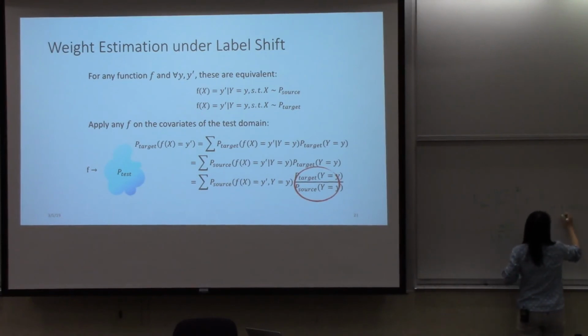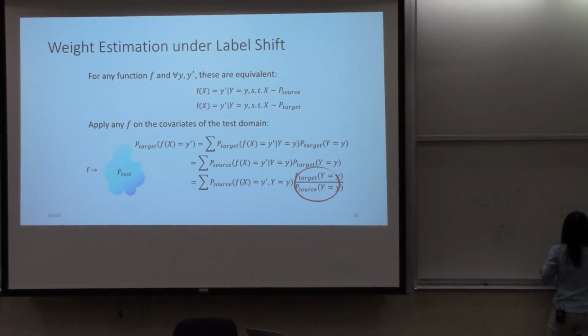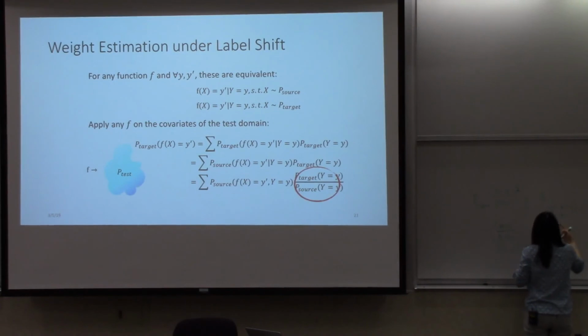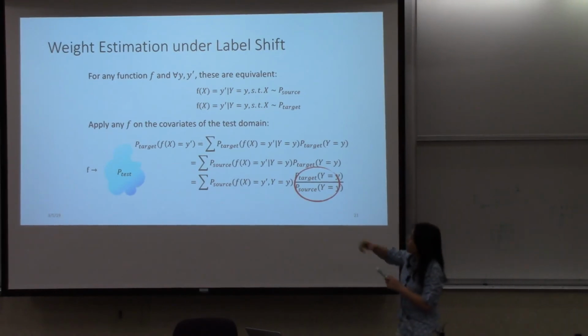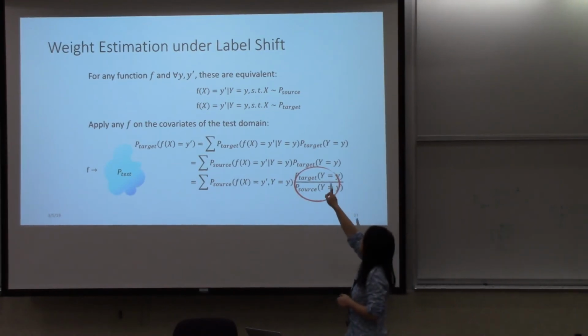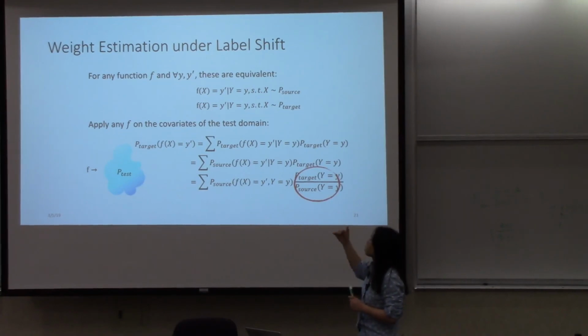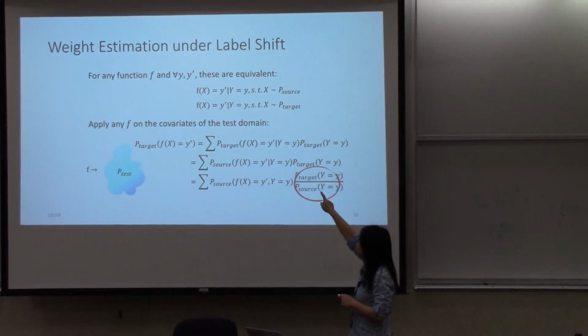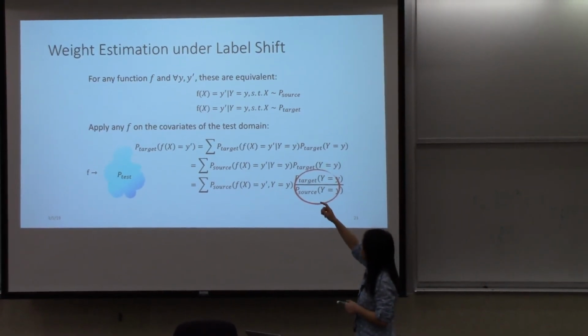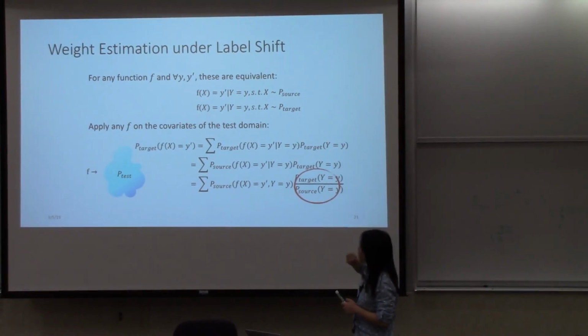If we apply the same classifier f to the x variables from source and target, then f(x) equals some label, for example one of the classes in your classification, given the true label is y. f(x) = y prime, which is one of the labels, given the true label is y, and this distribution is the same between source and target.